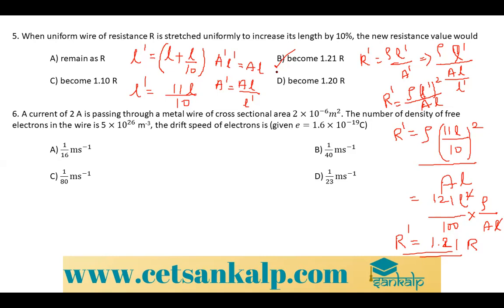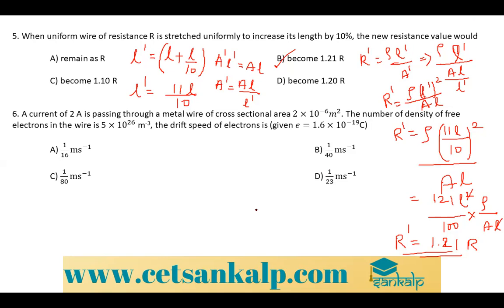So just to see the data they have given: current, then area of cross-section, then number density, that is N, and then the charge. So you have to find the drift velocity.